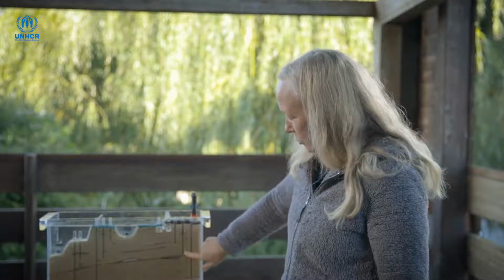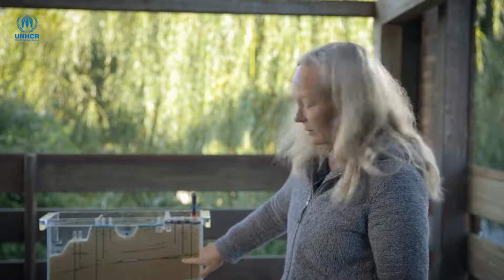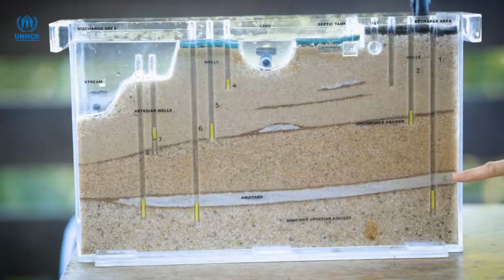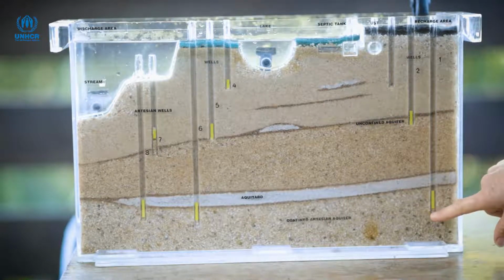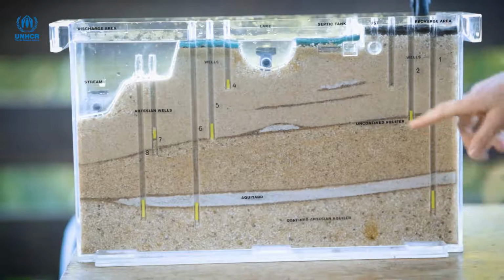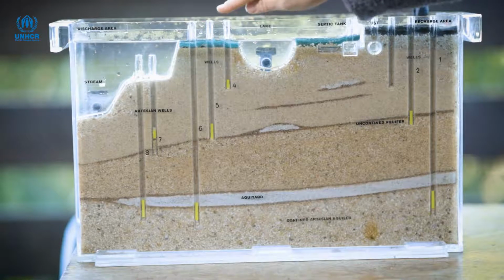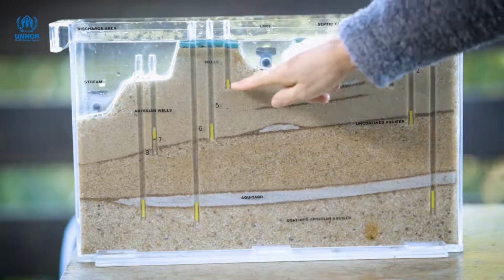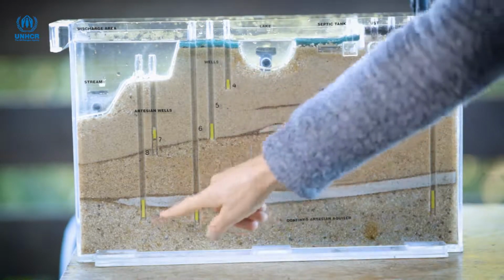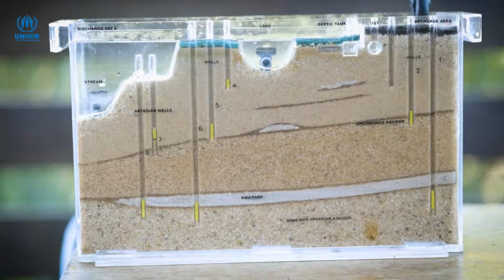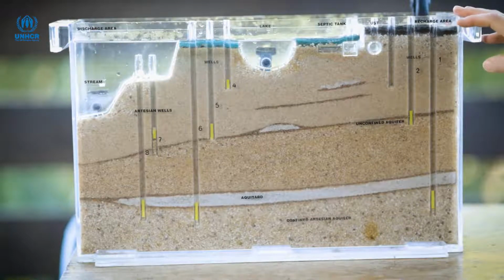Then we have a second one going down into the second layer, and the third one pierces this clay layer to go down to the very bottom. Exactly the same thing you can see here, where we again have 3 wells going to different depths, and even another one here. So this is just the description of the material.